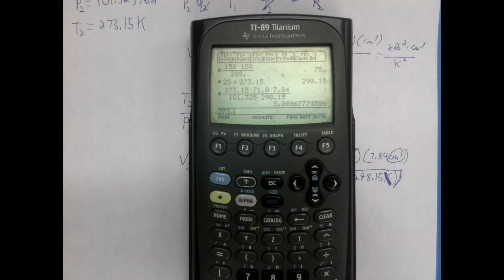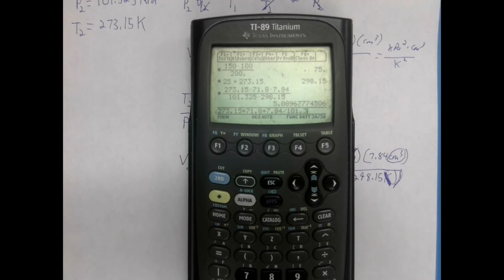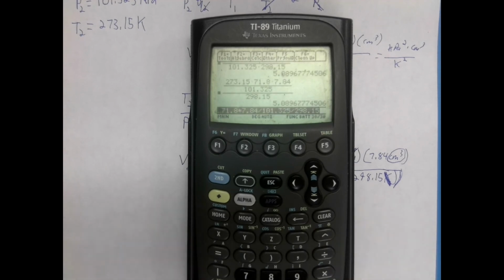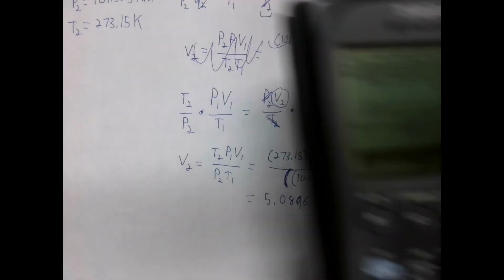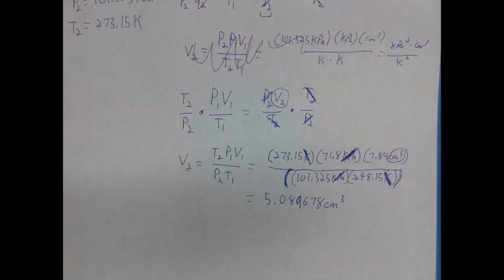I could have just multiplied everything on the numerator together, and then divided by each denominator value one by one. So hit divide by the 298. It looks different, but it gives you the same value. Personally, I recommend always putting the denominator in parentheses.